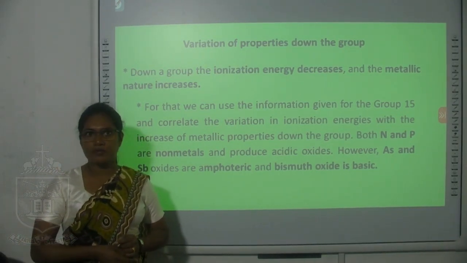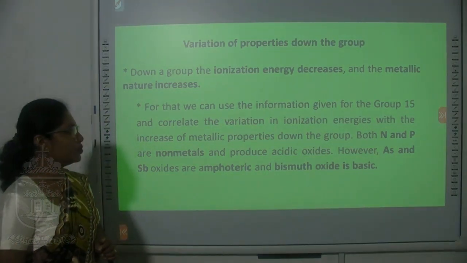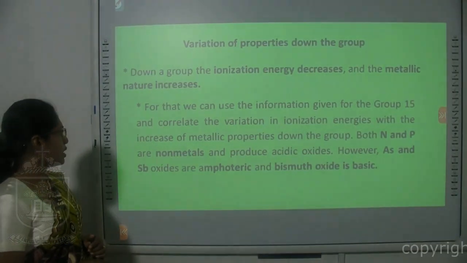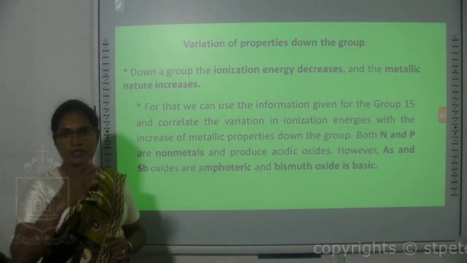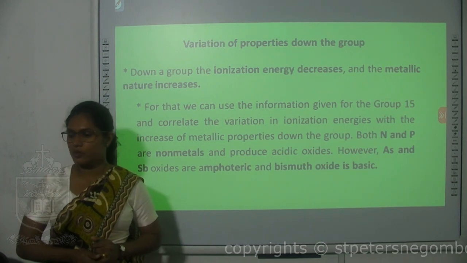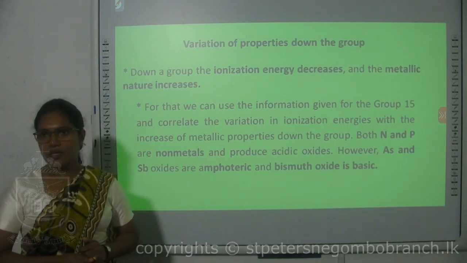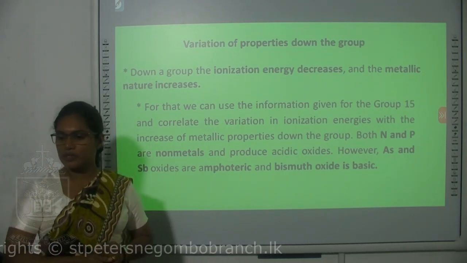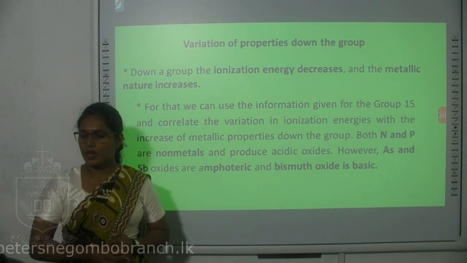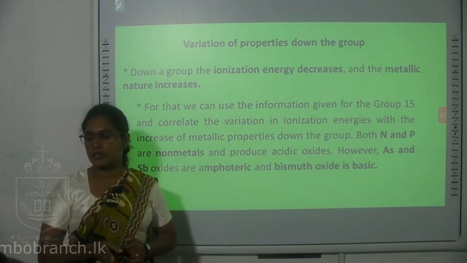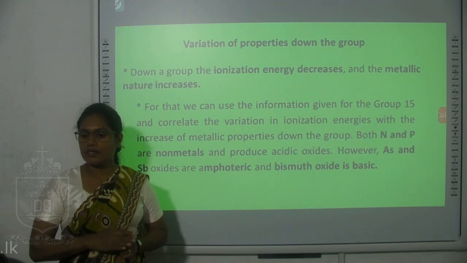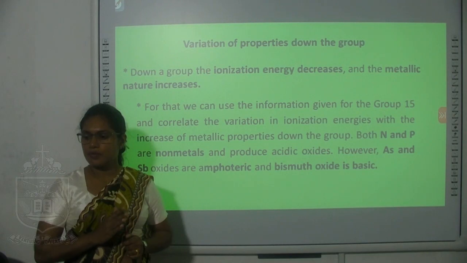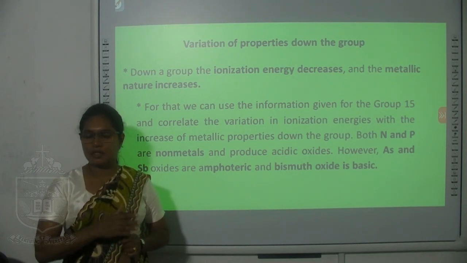If we take group 15, nitrogen, phosphorus, arsenic, antimony and bismuth are the elements in group 15. And if you take the physical state of the elements, we can see nitrogen and phosphorus are nonmetals and produce acidic oxides. Arsenic and antimony oxides are amphoteric, and bismuth oxide is basic.